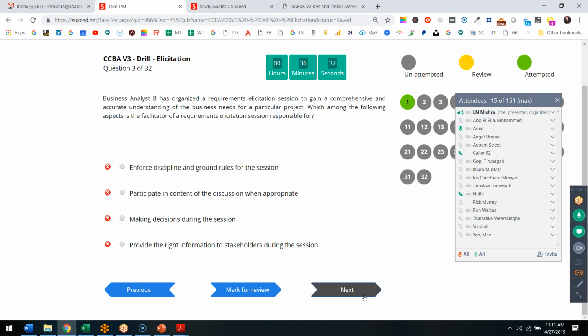Like as a business analyst, you may perform some testing, but is that your primary responsibility? No. Your primary responsibility is to develop requirements. Similarly, the primary responsibility of the facilitator is to enforce discipline and ground rules. Does it make it clear to you, Amar?